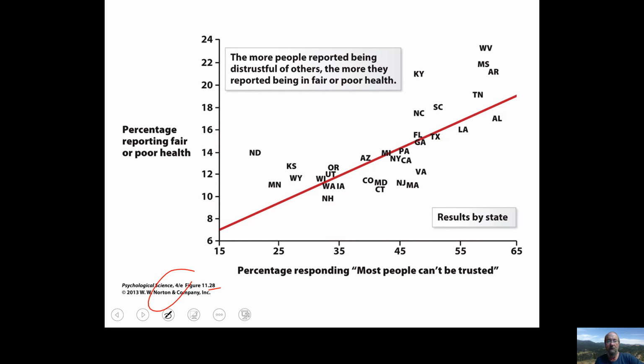This shows poor health, and that most people can't be trusted. So again, Alabama, Arkansas, Kentucky, South Carolina, Louisiana, Florida, Georgia, as opposed to Washington, Oregon. Where's California? California is kind of in between, but the South. Do you see Montana? MT? You don't, because it's not in there. So I don't know where MT would be.